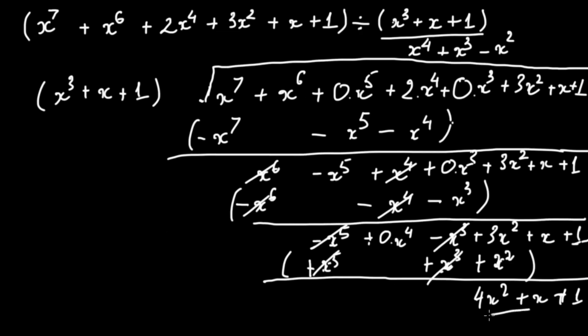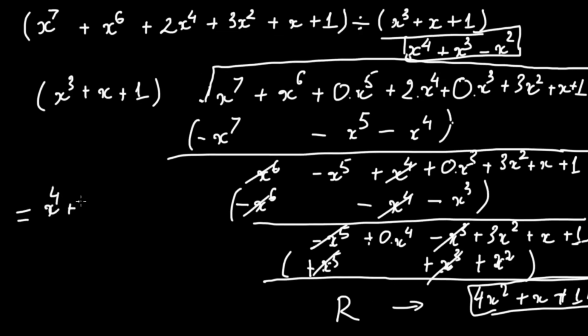Now this is the remainder. And this is the quotient: x to the fourth plus x to the third minus x squared. And we write down the result for this problem: we put the quotient right here, x to the fourth plus x to the third minus x squared.